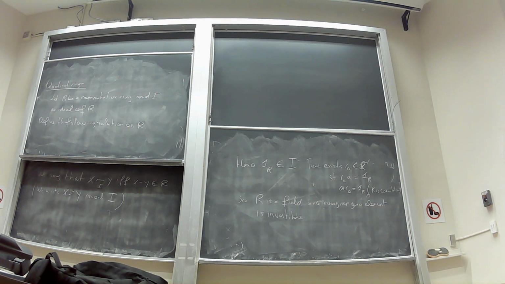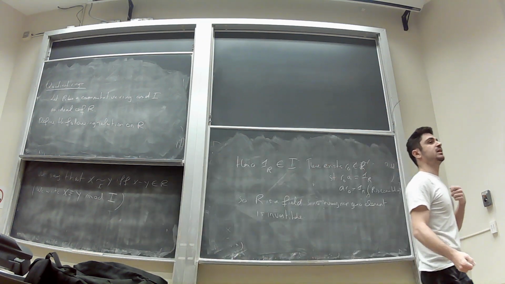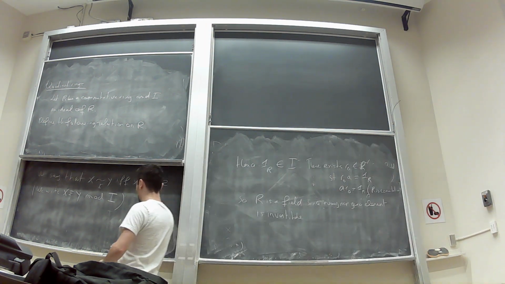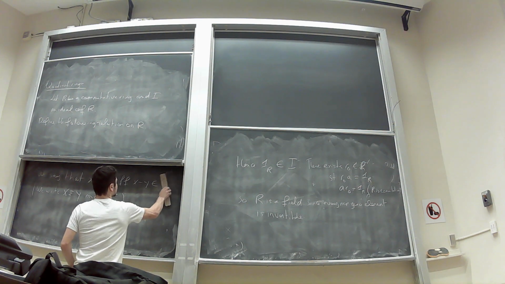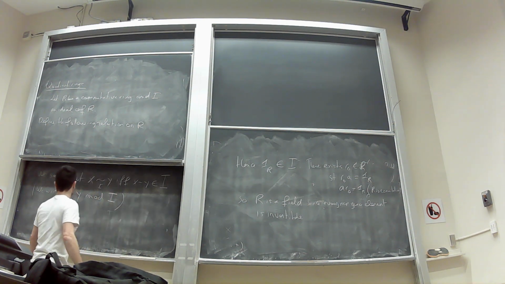Basically, it's a generalization of modulo n. This means that x differs from y by an element of I, right? This is what it means. Why did I say if x minus y belongs to R? No, of course, it's always true. Okay? Makes more sense.